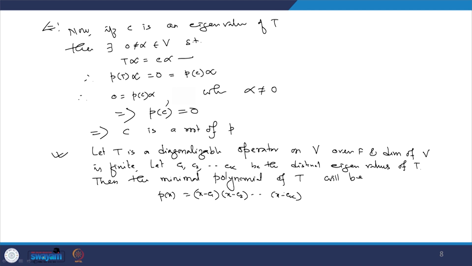So, this is the product of all the linear factors x minus ci, basically.